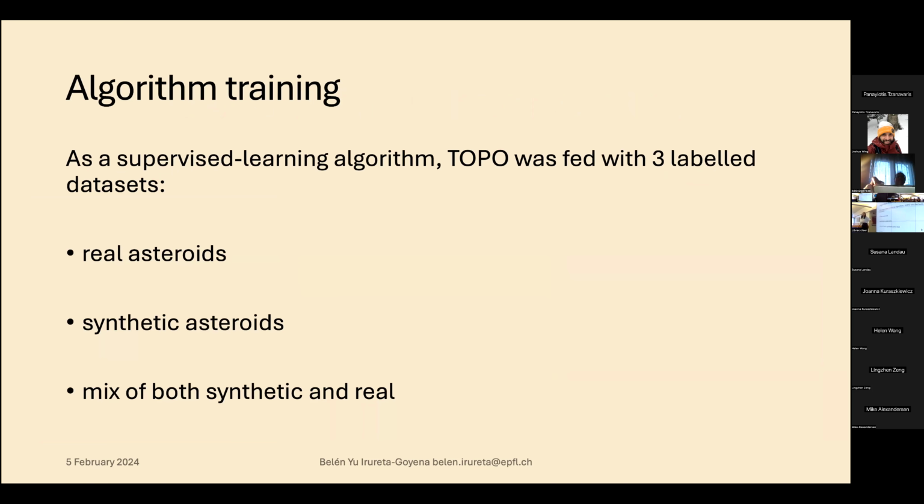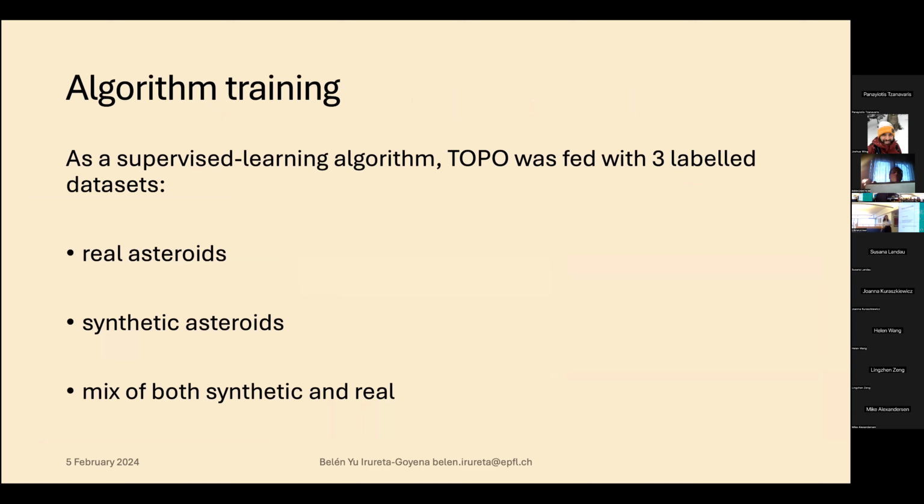TOPO is a supervised learning algorithm, which means that we have to feed it with images of asteroids and tell it that they were actually asteroids. More specifically, it was fed with three types of data sets. The first was comprised of real asteroids, then one with simulated asteroids, and then one that was a mix of both.